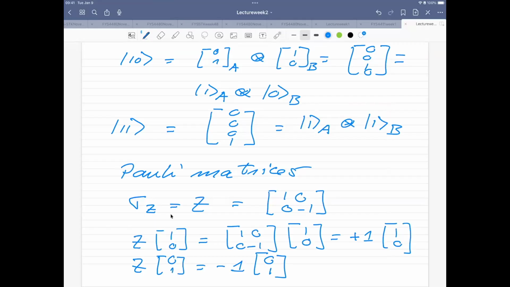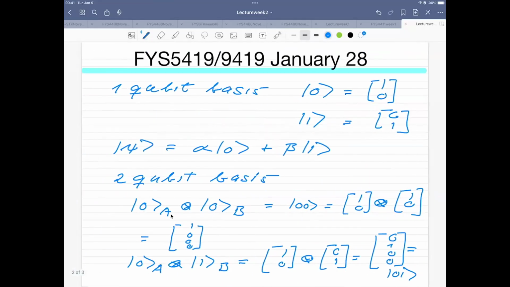So keep in mind, this is a very important aspect because we have chosen a computational basis. If it's a 1 qubit basis, then this is a natural computational basis. But there is nothing which hinders you from having this one as a computational basis.